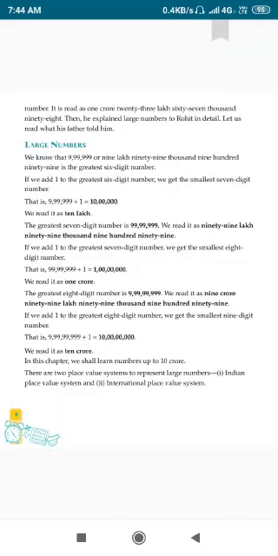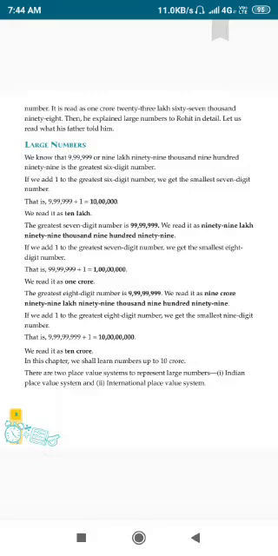The greatest 7-digit number is 99,99,999.